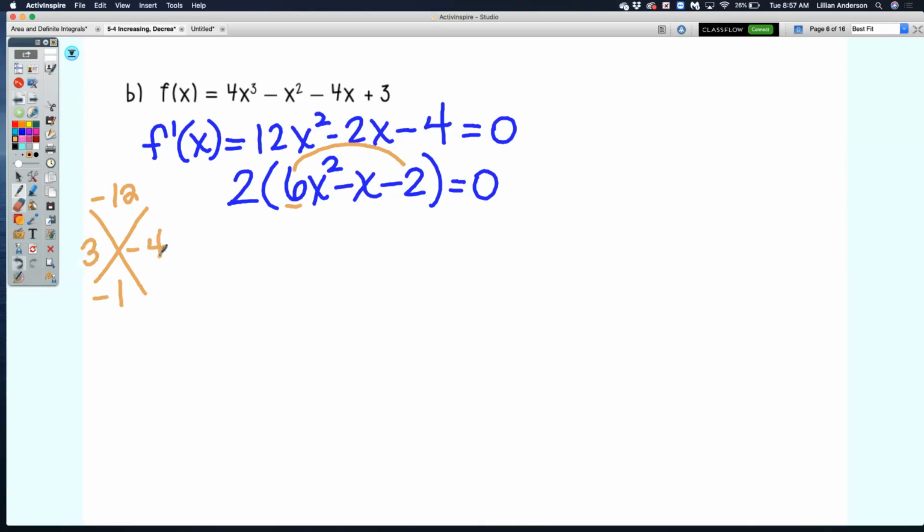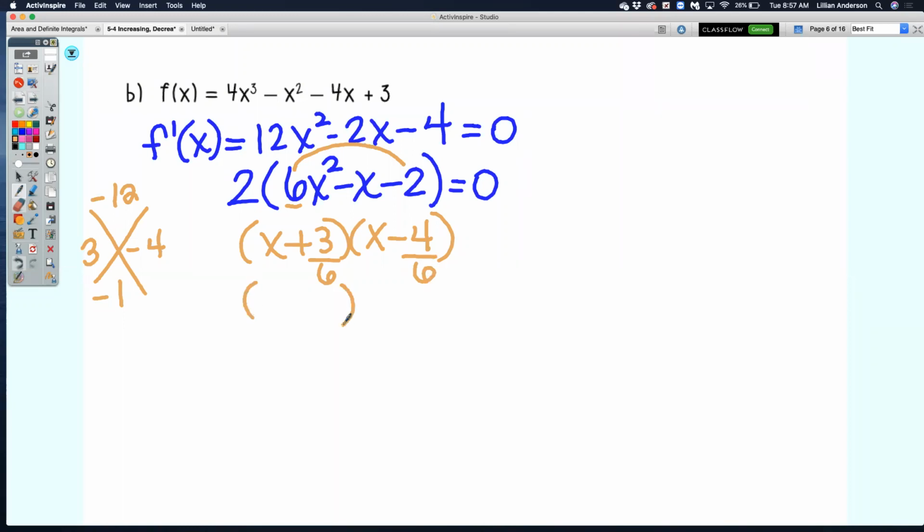So remember, we write that as x plus 3, x minus 4. But because we originally multiplied by 6 at the beginning, we have to divide both of these numbers by 6. Does 3 over 6 reduce? Yes.